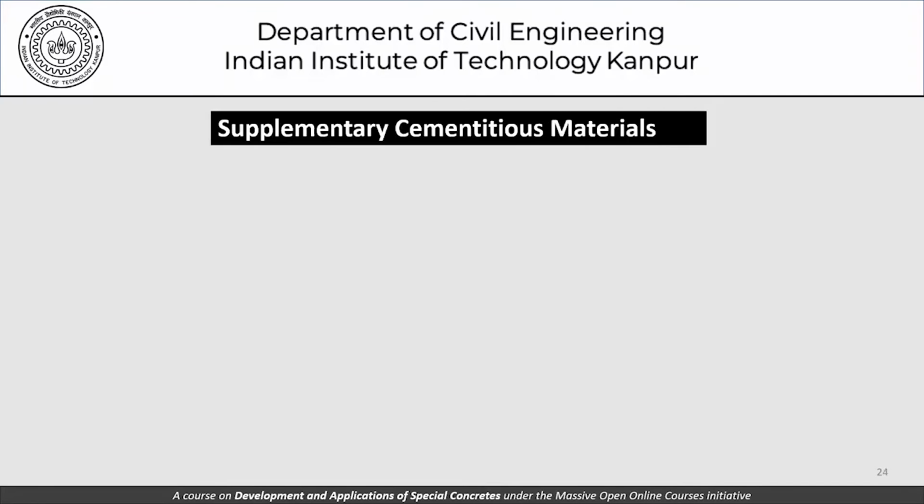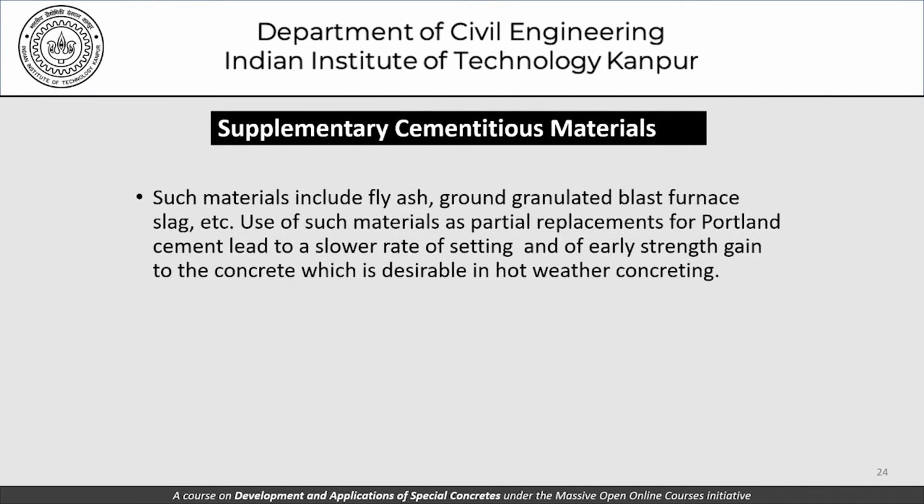As far as supplementary cementitious materials are concerned, such materials include fly ash, ground granulated blast furnace slag, and so on. Use of such materials as partial replacements for Portland cement leads to a slower rate of setting and of early strength gain in concrete, which is desirable in hot weather concreting.